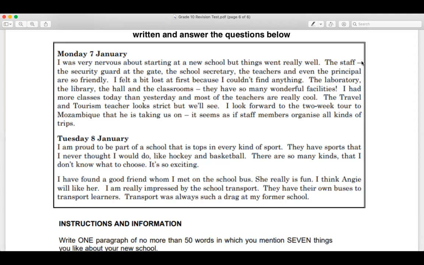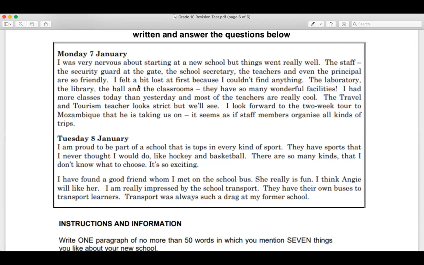Again, look at the non-defining clause or whatever, in between parentheses and stuff. Let's just say staff are friendly, done. Or, yeah, the staff members are friendly.